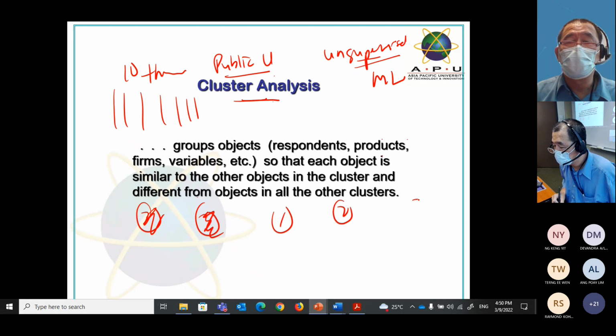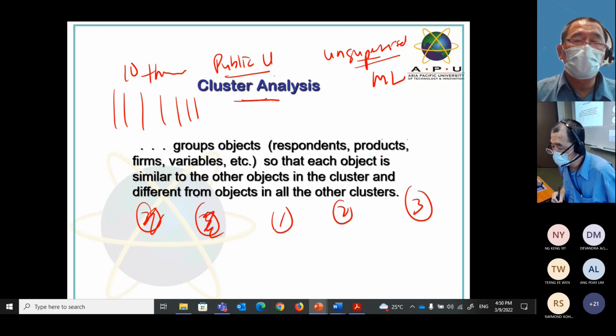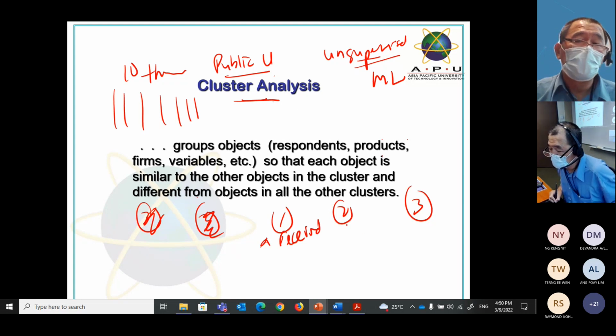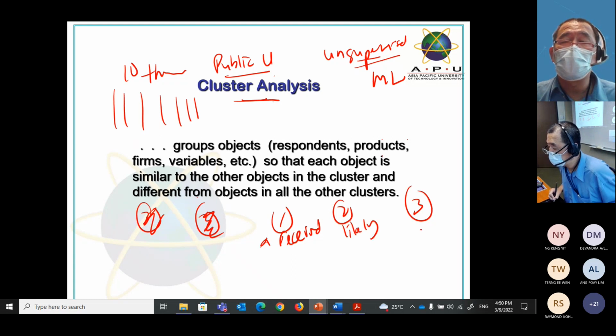So first one, second, and third. Therefore, you may assume that group number 1 will receive the offer letter from the public university. The second maybe likely. So here likely yes, likely no.